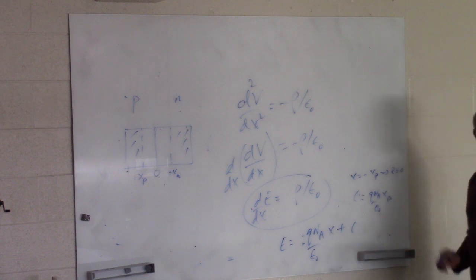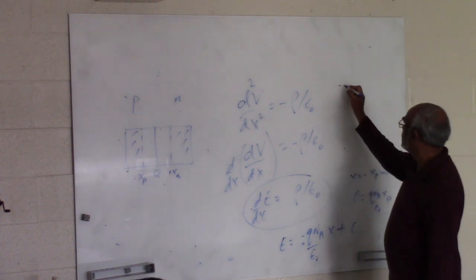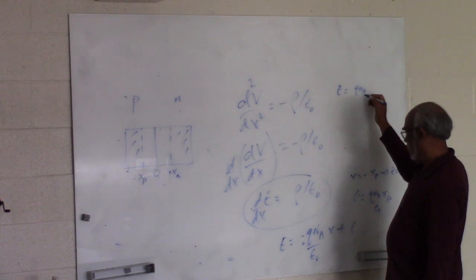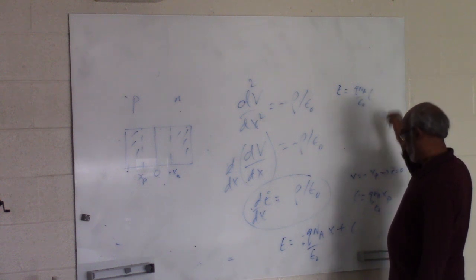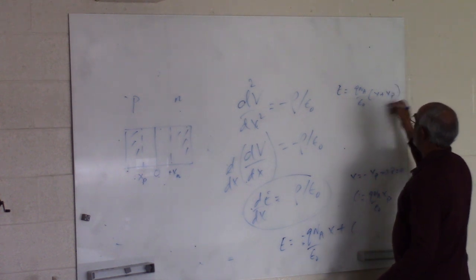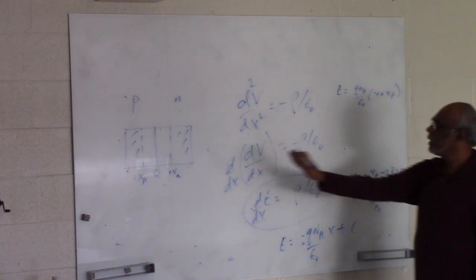Knowing the depletion region, I can write my E as Q Na over epsilon 0 times x plus xp. You can calculate that.